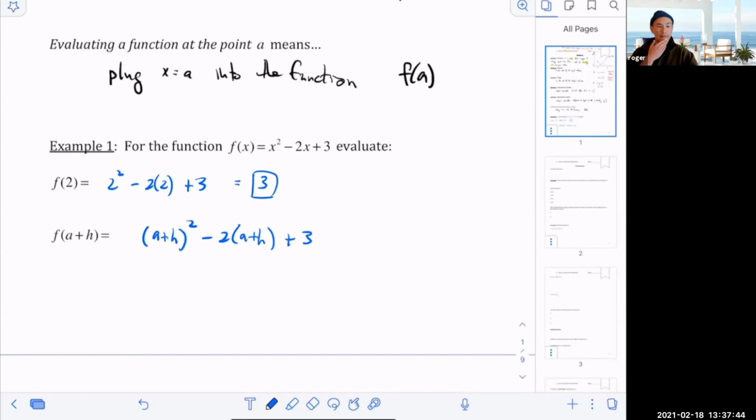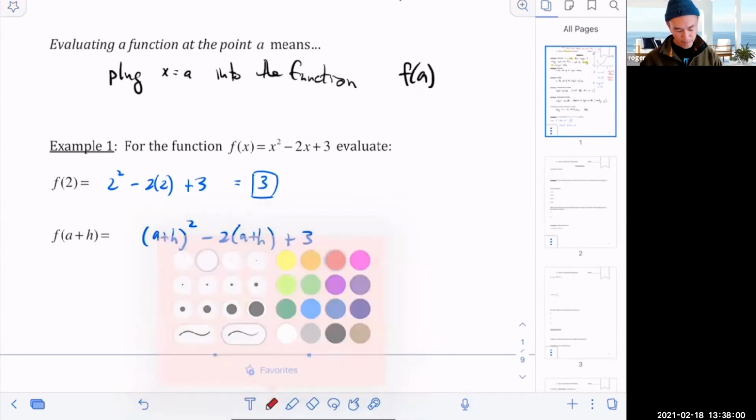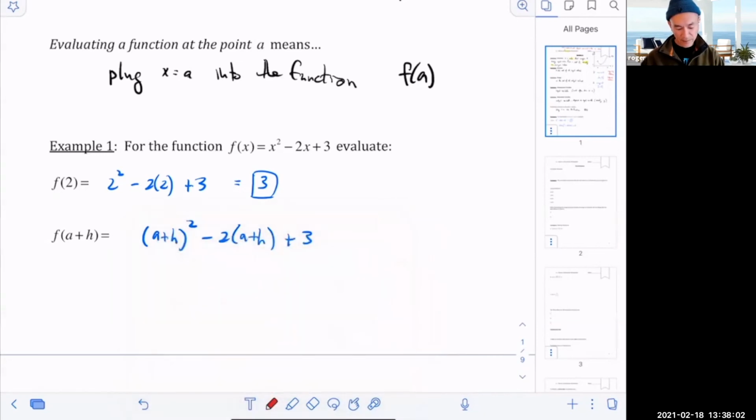So why don't we simplify this a little bit? I don't know how much to review, but there's this idea about foiling: first, outside, inside, last.